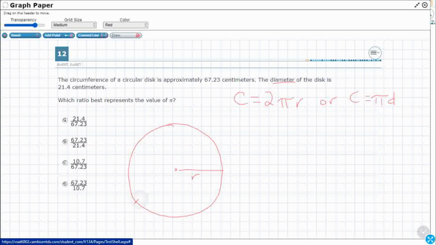The diameter is going to be this guy right here, through the center from side to side. Well, by definition, the radius is going to be half of the diameter. So whenever you find the diameter, you can always just cut it in half, because it's 2 of these from the center to the side. 2 of those make your diameter.